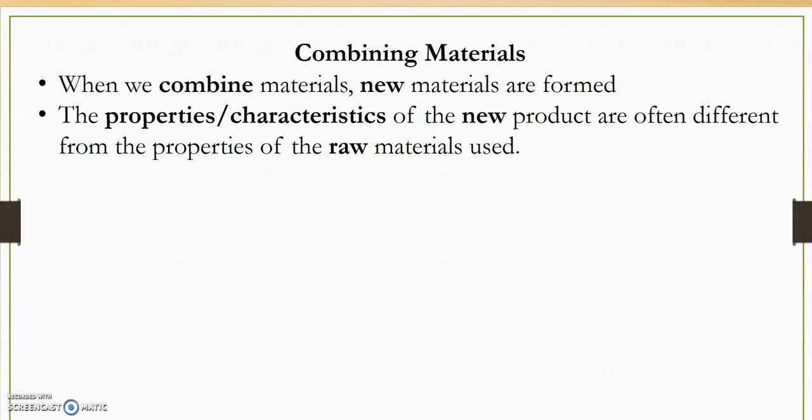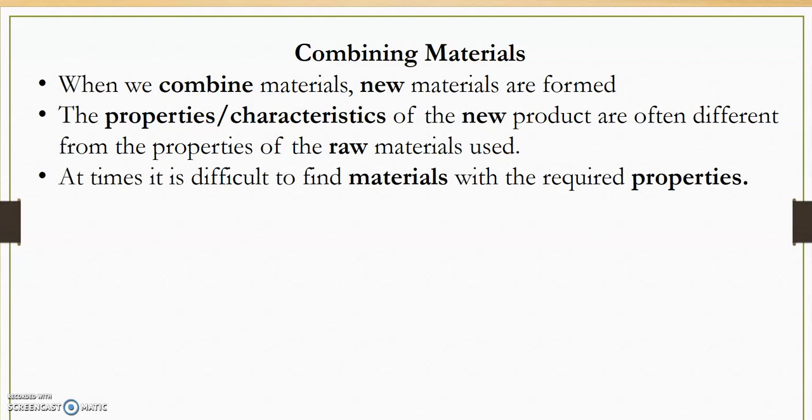And this product is often different from the original products that we used. So this is a situation where you put your raw materials together, process them, and then come up with a new product.